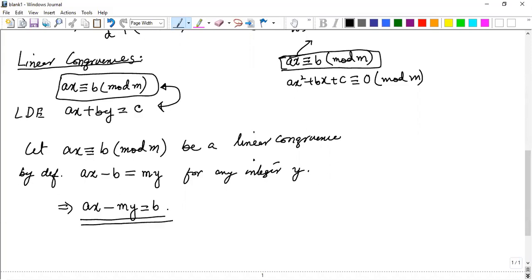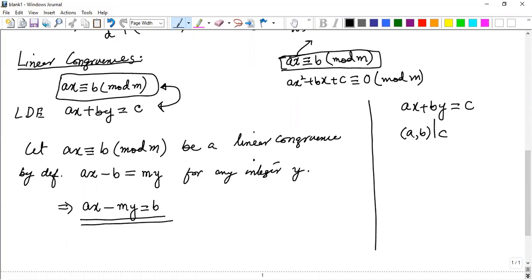And we know that if you look at the linear Diophantine equation, ax plus by equals c, this linear Diophantine equation is solvable only if the GCD of a and b divides c.